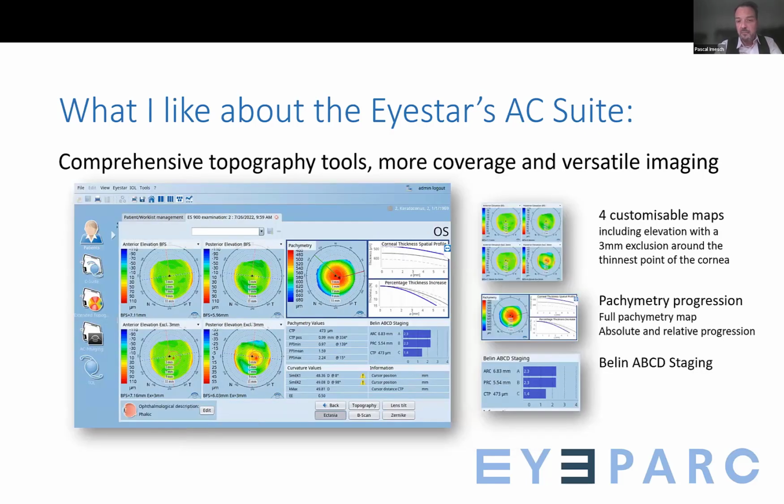Additionally, there is some staging of the Belin ABCD stages that are automatically calculated. Of course, you will still need your brain to classify those and use them, but still, it's all in there.